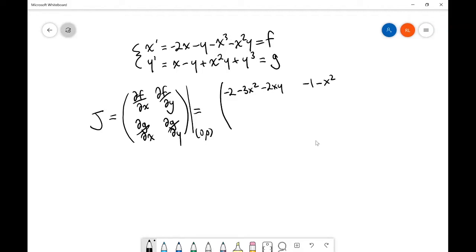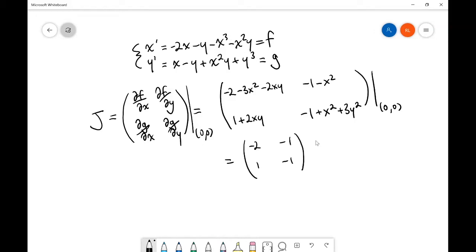And dg/dx, partial with respect to x of y prime, is going to be 1 plus 2xy, and partial with respect to y is going to be minus 1 plus x squared plus 3y squared. And all evaluated at 0, 0, so if we plug in 0 for both x and y, we get minus 2, minus 1, 1, minus 1.